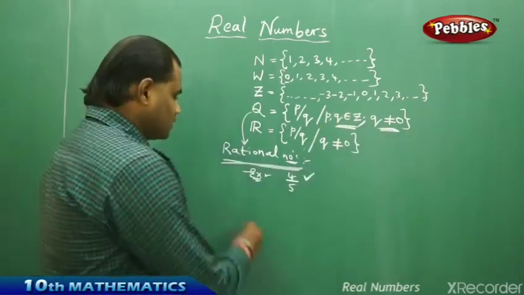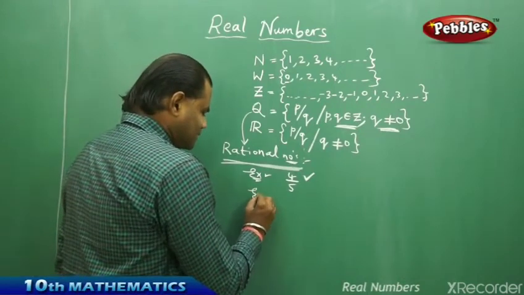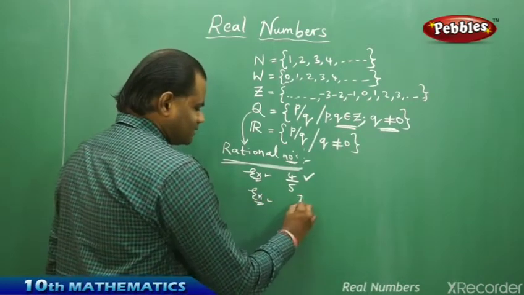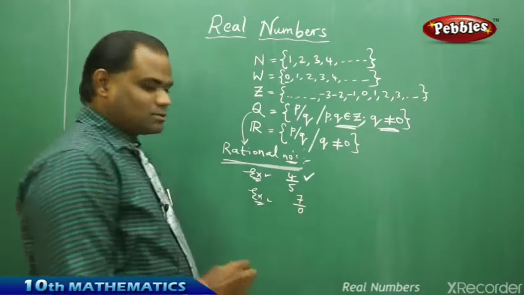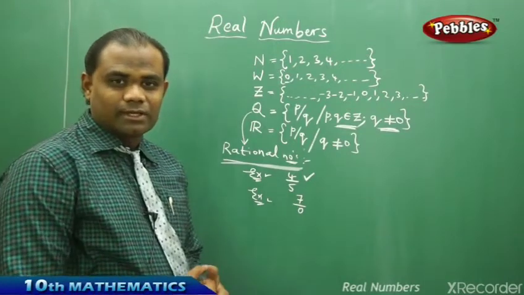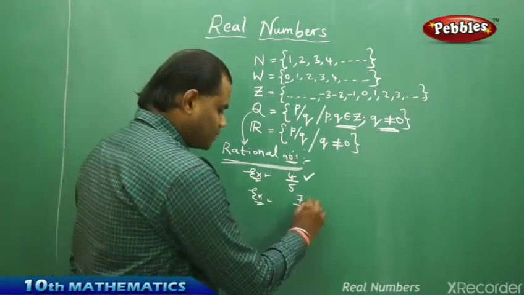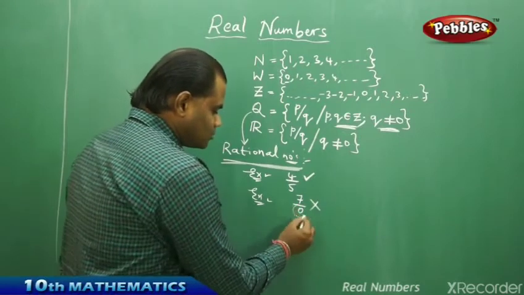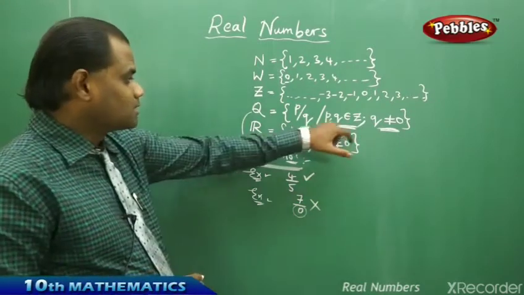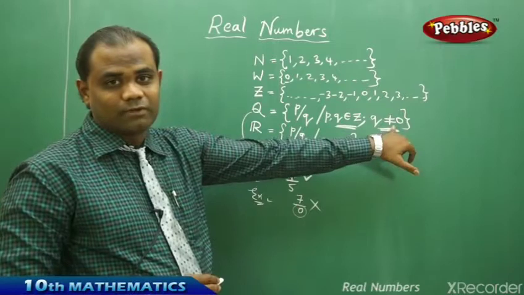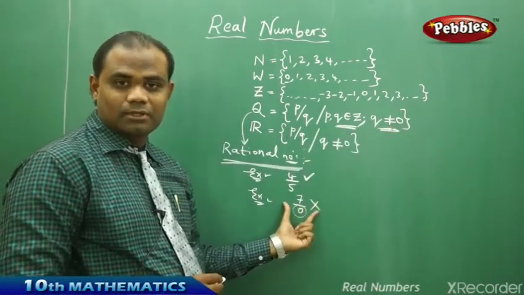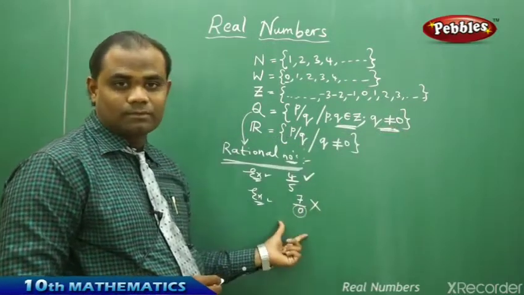Similarly, let me take another example. Say I have taken 7 over 0. In this case, this is not a rational number because 7 and 0 are integers, but q should not be equal to 0, and in this case this condition fails.